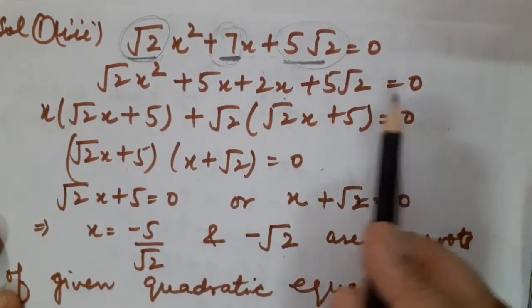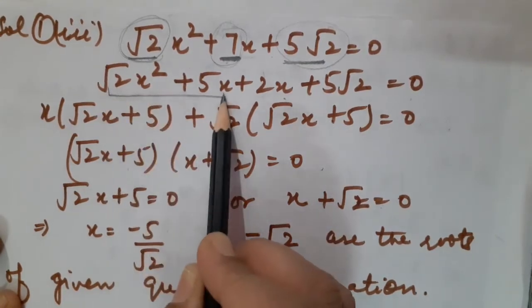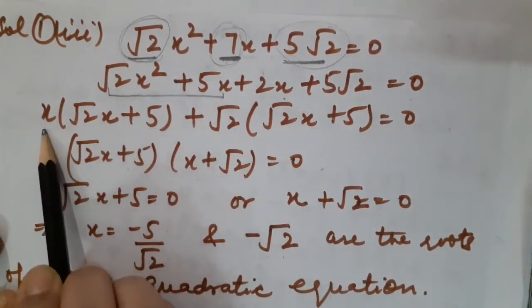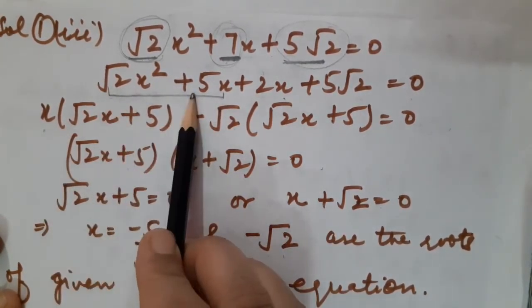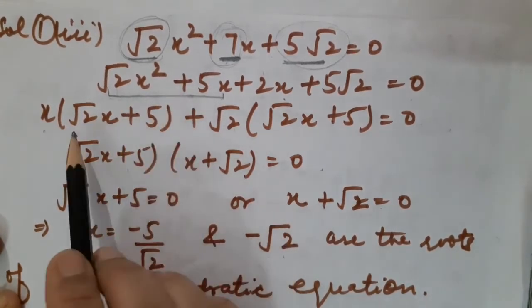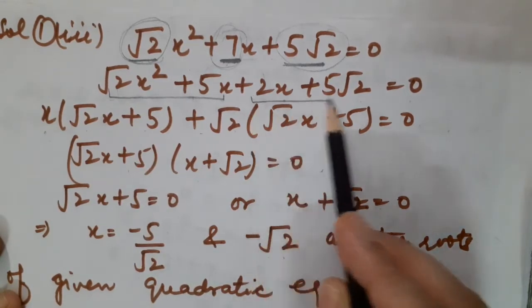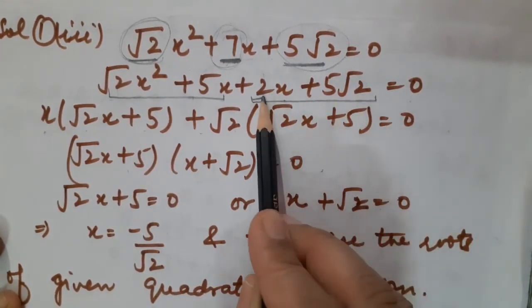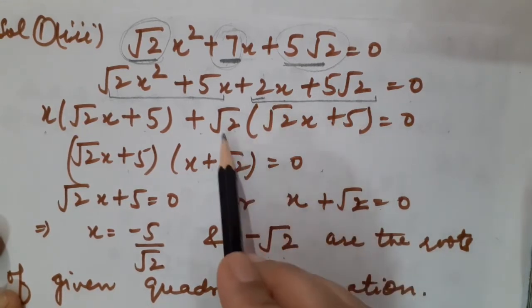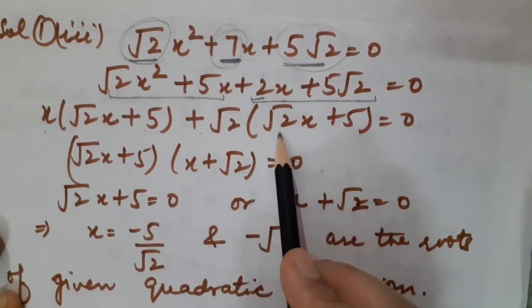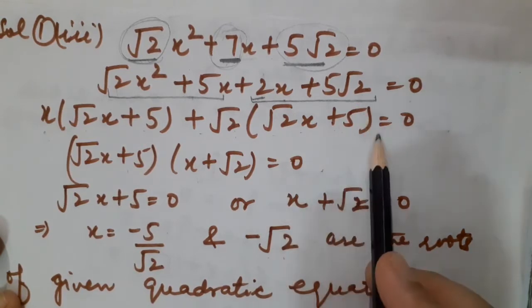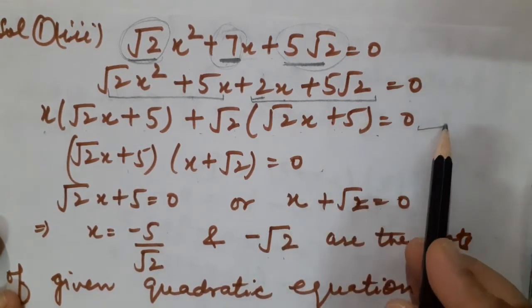Now from the first two terms, children, I can take x only as common because nothing else is common. So you will get root 2x plus 5. From the other two terms, you know that 2 can be written as root 2 into root 2, so I can take root 2 as common. Inside the bracket root 2x plus 5 will be left, which is equal to 0.